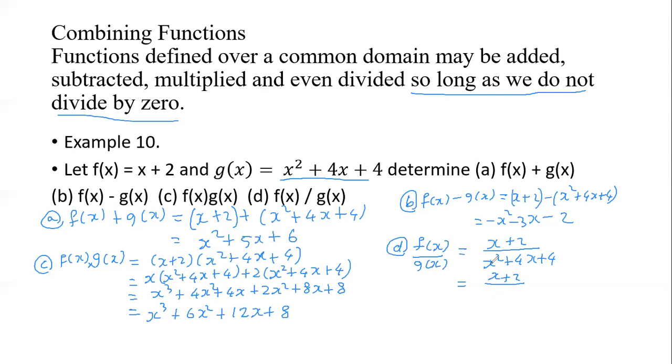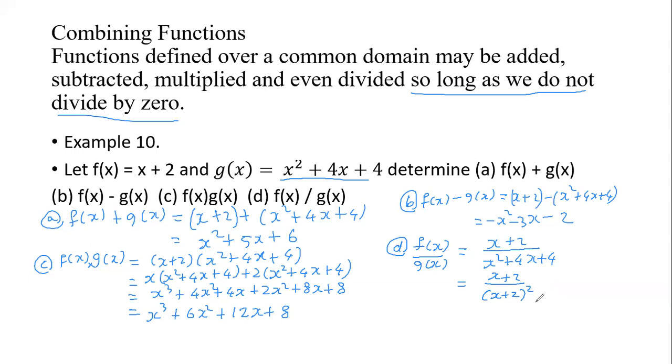Therefore, we can factor this as x plus 2 times x plus 2, or we can say it is (x plus 2) squared. So we can cancel out the x plus 2 in the numerator with one of the x plus 2's in the denominator. In doing that, we assume x plus 2 is not equal to 0.